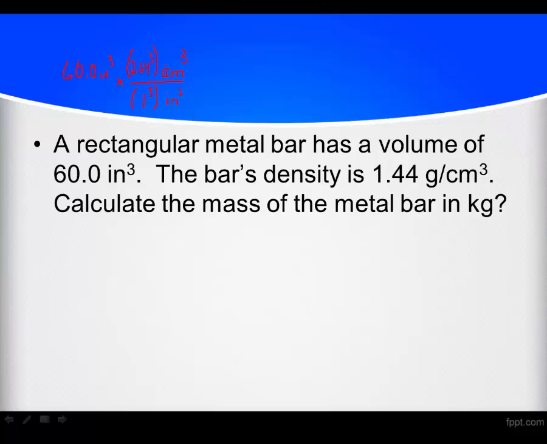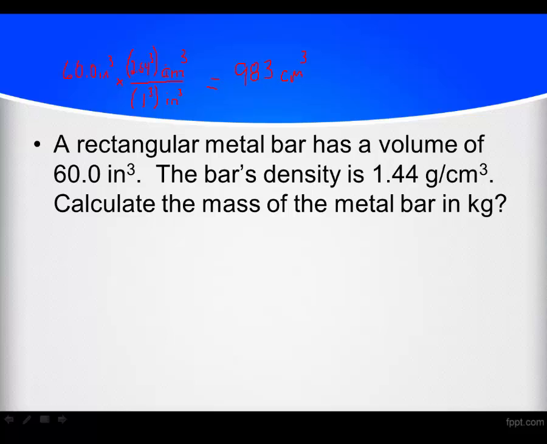So if I take that 60 and multiply it by 2.54 cubed, isn't that the same thing as multiplying it by 2.54 3 times? So that should give me cubic centimeters. It looks like I only want 3 sig figs here, so I'm going to write down 983 cubic centimeters is the volume of this rectangular metal bar.